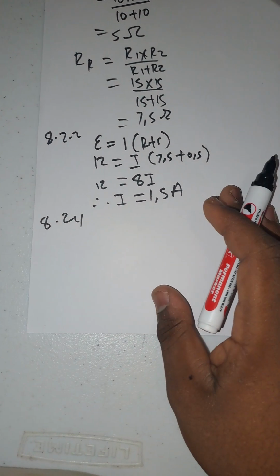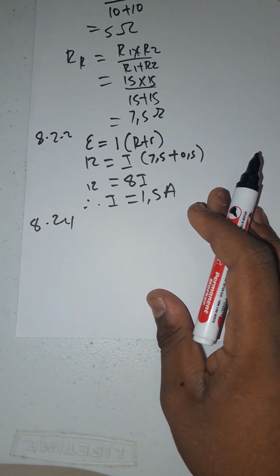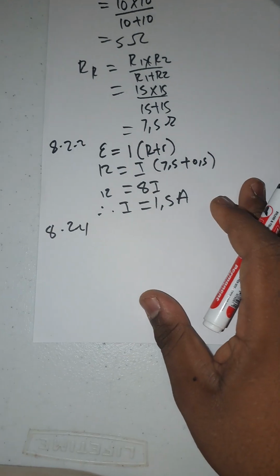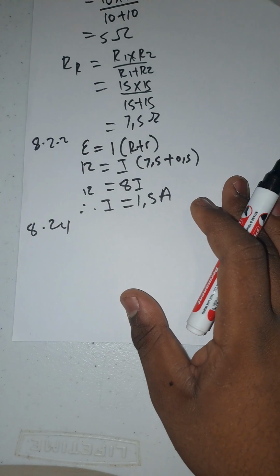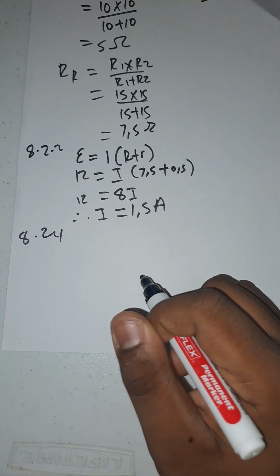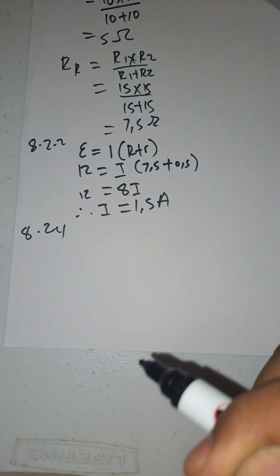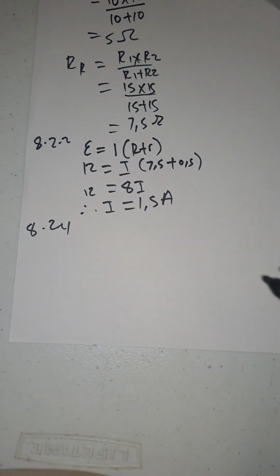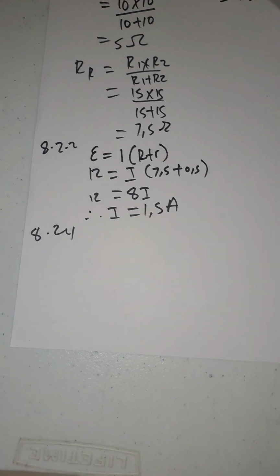So what can you start with? What is the total current? The total current is simply 1.5 amps, meaning that the current on R3 is simply 0.75 amps. Why am I saying that?